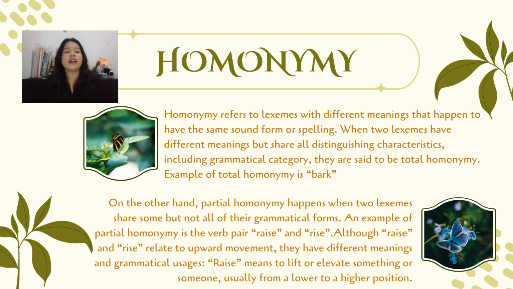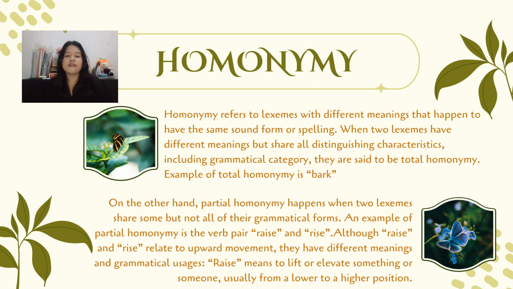Okay, next, there is partial homonymy. On the other hand, partial homonymy happens when two lexemes share some, but not all, of their grammatical forms. An example of partial homonymy is the verb pair raise and rise. Although raise and rise are related to upward movement, they have different meanings and grammatical usage.